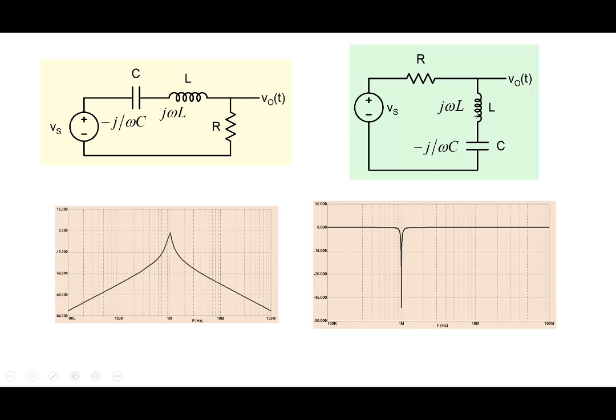So if there is a frequency which you are interested in rejecting, many times when we are building circuits, the circuit is of course powered with a power supply, and the DC voltage in the power supply is obtained from the AC, which is a 50 Hertz signal.